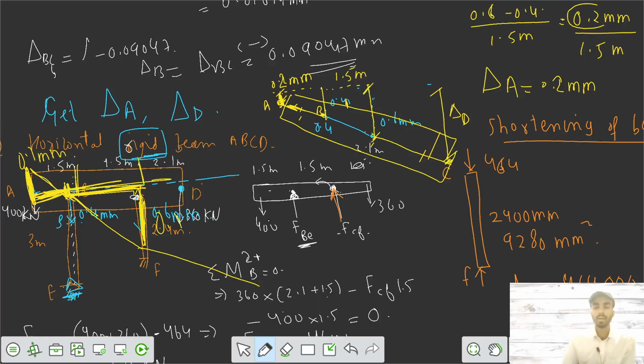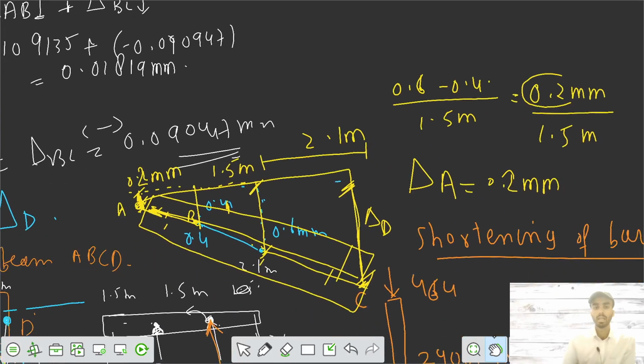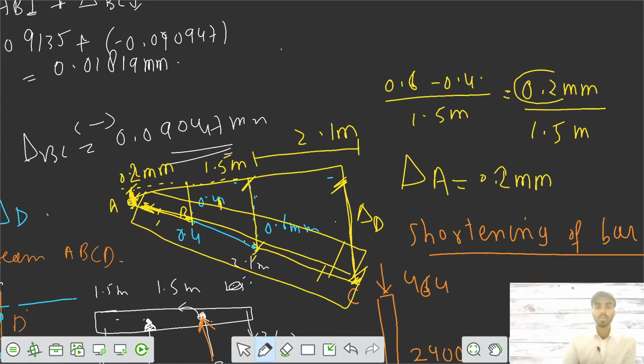Now, to calculate the value of delta D, we can use similar triangles. Here the length is 2.1 meter. The gradient is a 0.2 mm downward shift per 1.5 meter length.